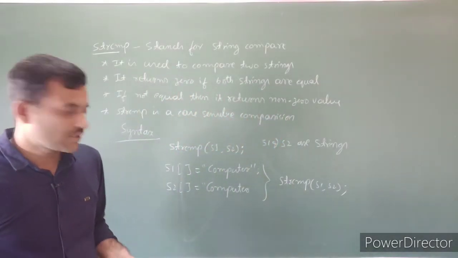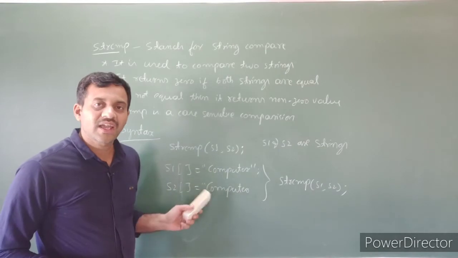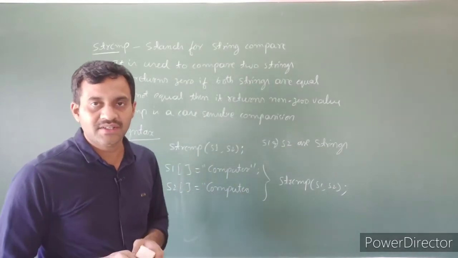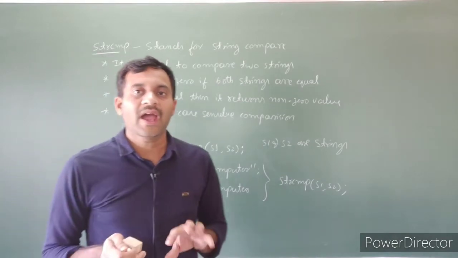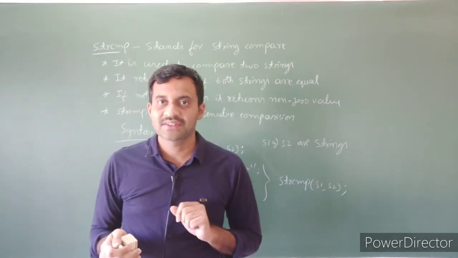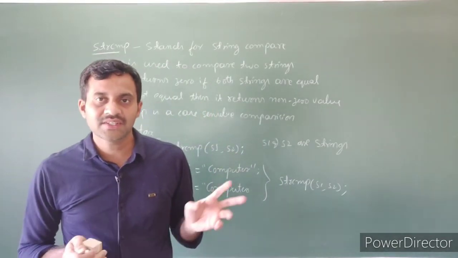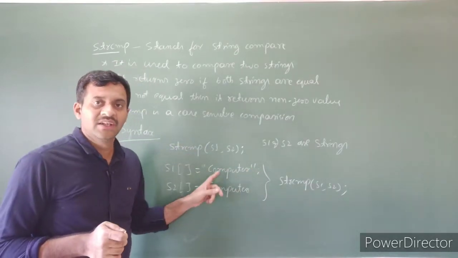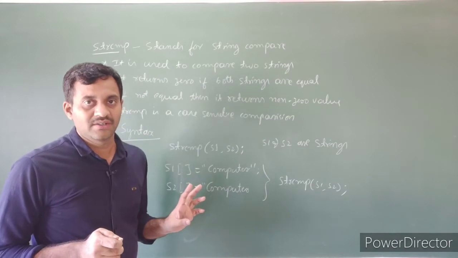This function returns 0 because it compares character by character. It returns the ASCII difference of the characters if they are not equal. Here comparison means character by character.